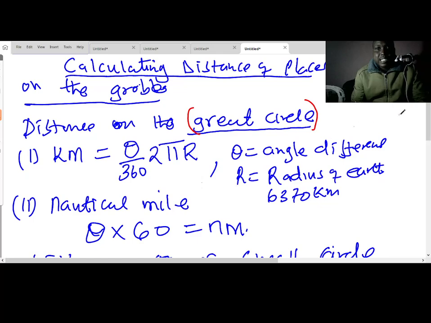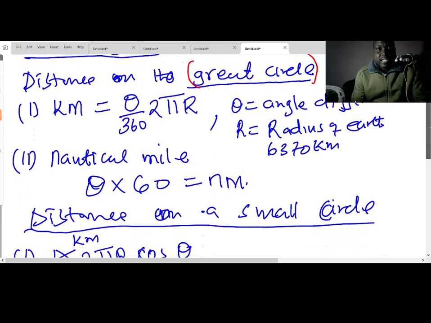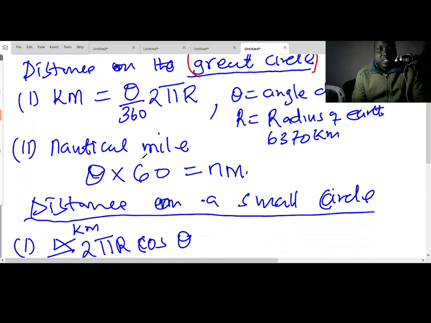If you want the distance in nautical miles, it is simple. It is theta, the angle difference, times 60. That will give you the answer in nautical miles. To calculate the distance of a place on the globe, please first identify whether it is on a great circle or on a small circle, and I have taught that.